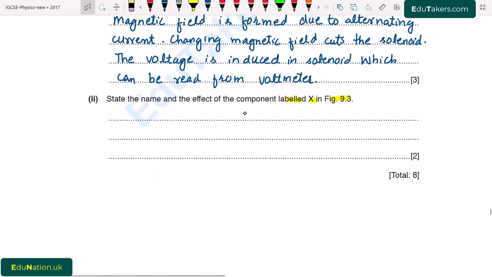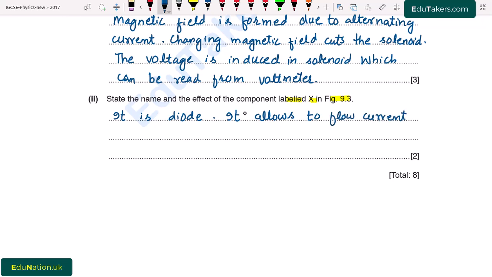So I write here it is a diode and it allows current to flow in one direction only.